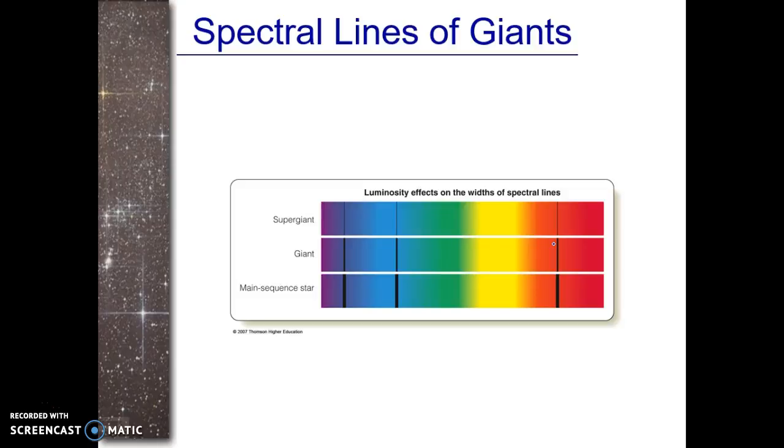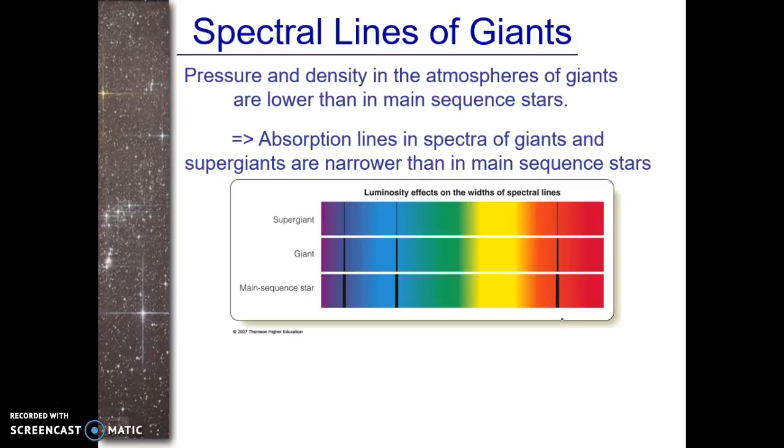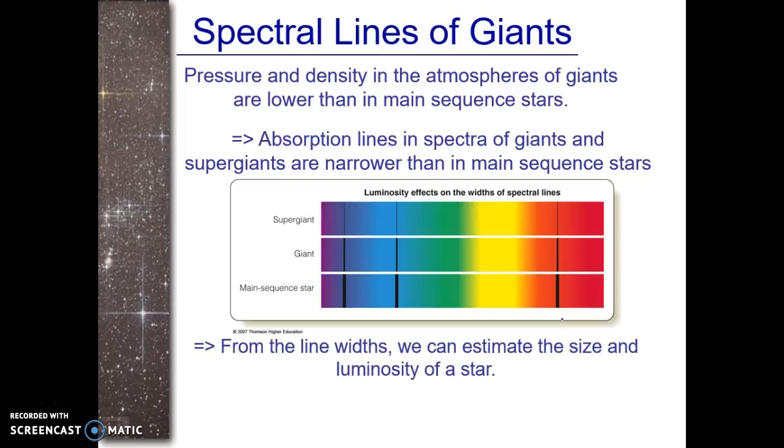Tells you that it's a lot bigger. Okay, the giants, they're going to be a little bit smaller because the lines are getting bigger. Main sequence stars, they're a lot smaller because those lines are much thicker. Okay, so absorption lines in spectra of giants and supergiants are narrower than they are in the main sequence. And then from the line widths, we can estimate the size and luminosity of a star.